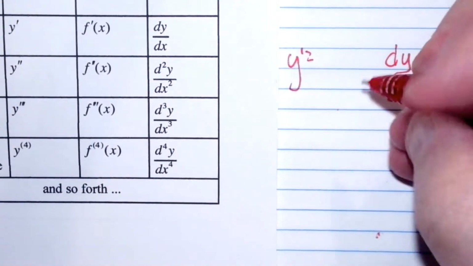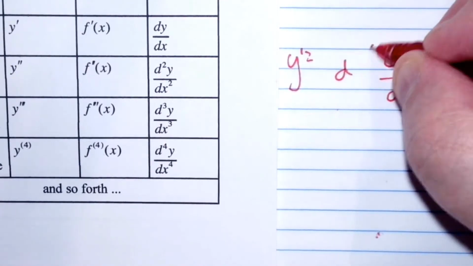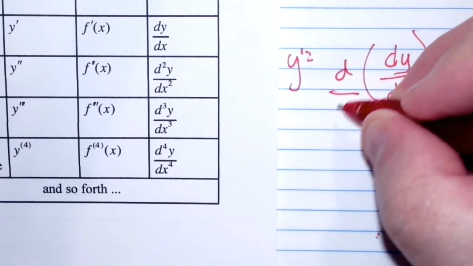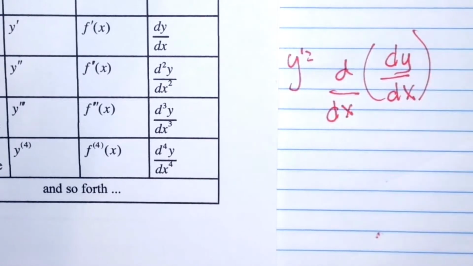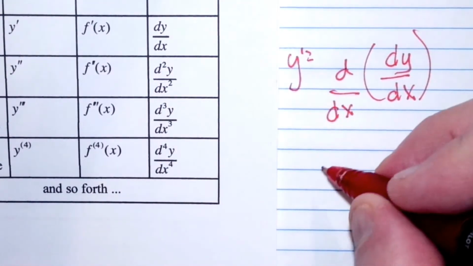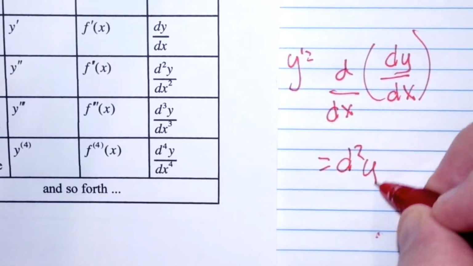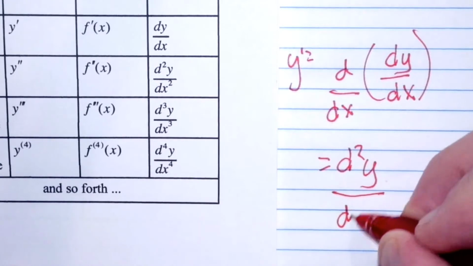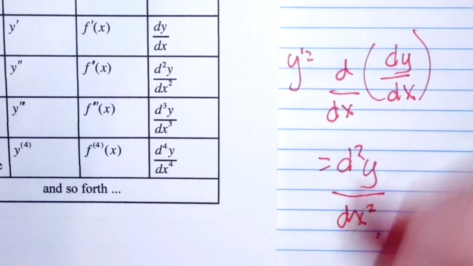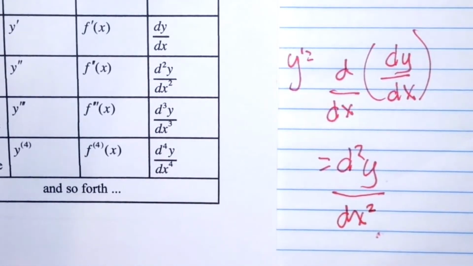So you take the first derivative and then you differentiate this with respect to x. And so mathematicians just write that as d squared y over dx squared. The dx being thought of as a single quantity. It's not d times x, it's just dx. And that is a more compact notation.